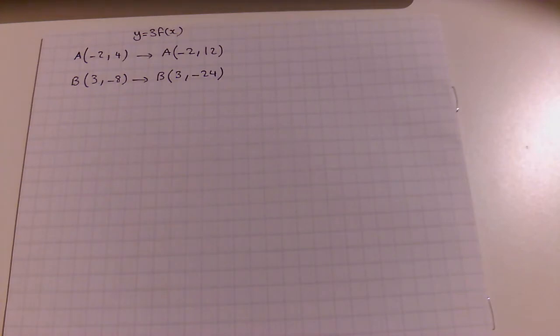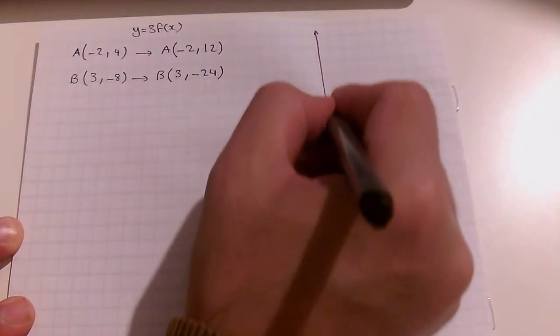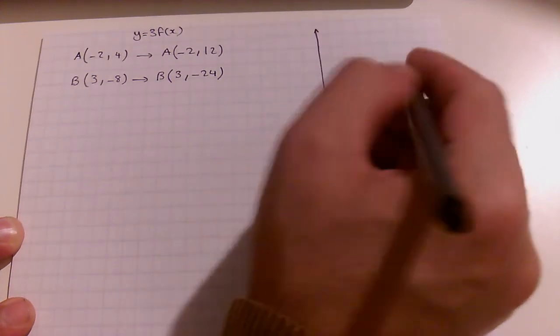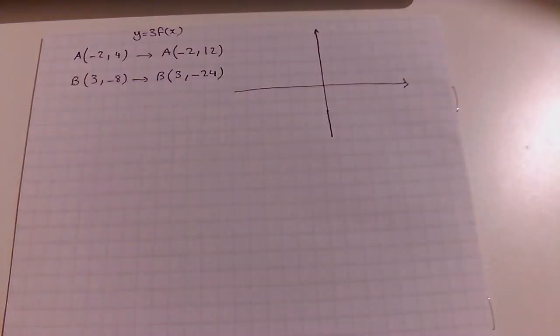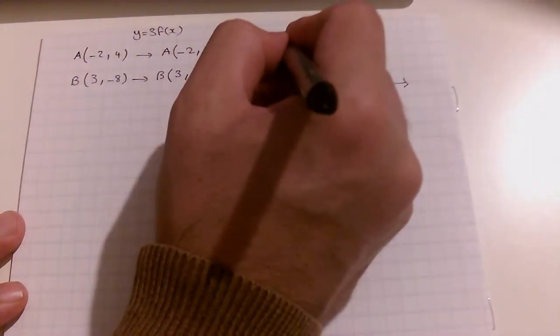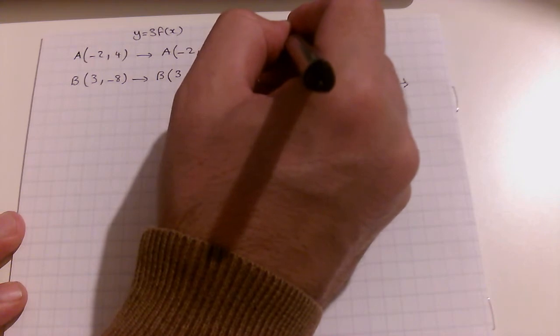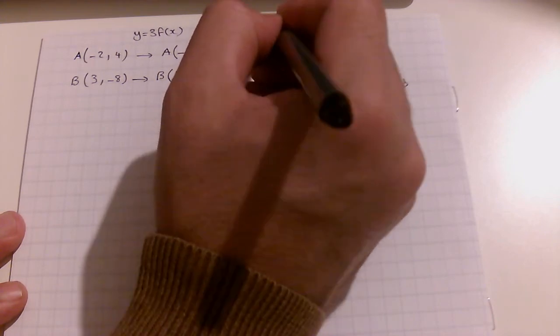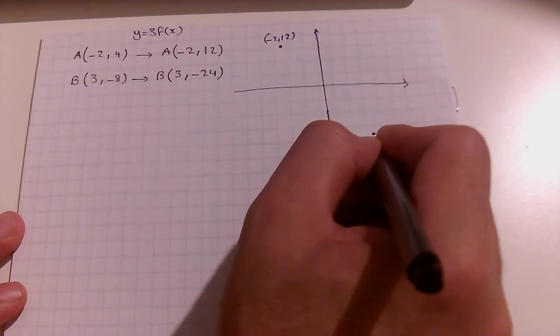So let's clarify what would happen. The coordinate of A was originally minus 2 and 4. We need to sketch y equals 3 times f of x, so the new A will become minus 2 and 12.